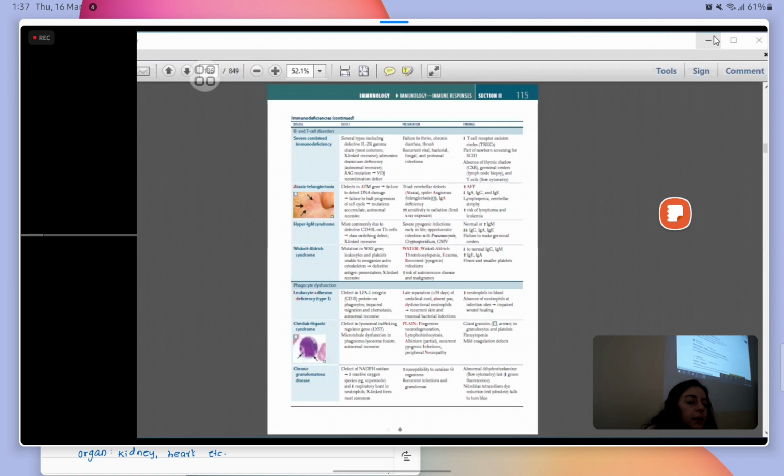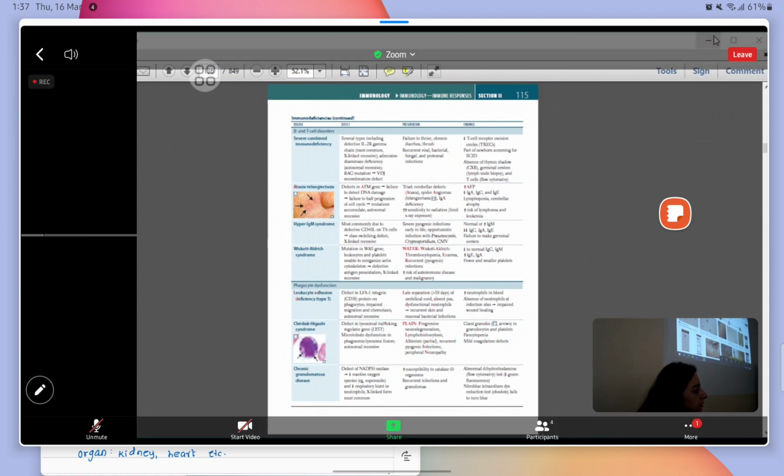I said that the cells which are actively replicating are most commonly affected by the radiation and by the chemotherapeutic drugs, because these drugs act on the cells during their replication. For example, why do you have hair loss during the chemotherapy? Because hair follicles are dividing very rapidly.